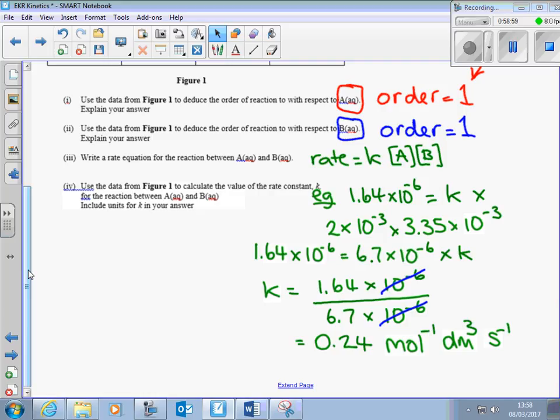And over the back, if you want the stretch and challenge, it's a different reaction involving 3 reactants rather than 2. But of course, if you've got 3 reactants, then the rate will be k times A to its power, B to its power, times C to its power.